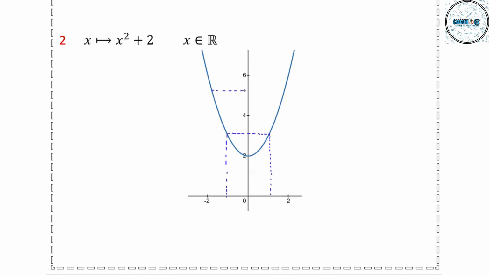One output is there for two input values. So you can say it is many to one.